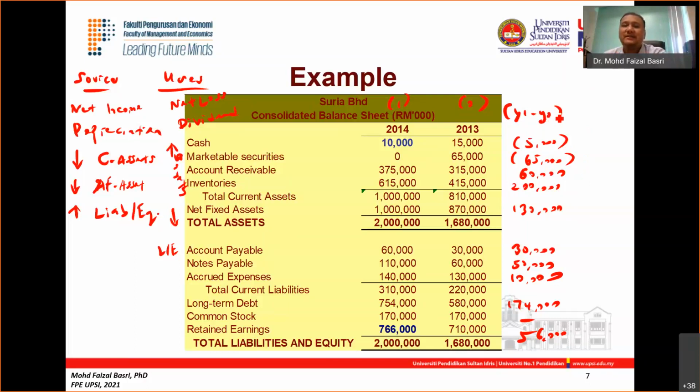Next, after we minus, we're going to label them based on sources and users. We're going to label the items as belonging to sources or users. So I'll put here S/U. S/U means sources or users.